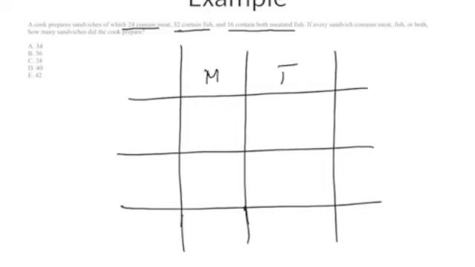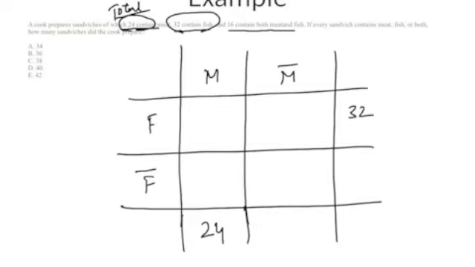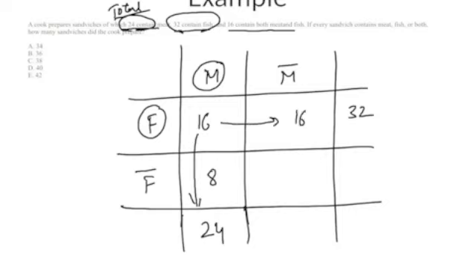So meat, not meat, fish, not fish. 24 contain meat, as I said in the previous slide, so this number is 24. 32 contain fish, so a total of 32 contain fish. 16 contain both, they have meat and fish both. So this plus this must be equal to 24. That number becomes 8. This plus this becomes 32, so 16 plus 16 becomes 32.